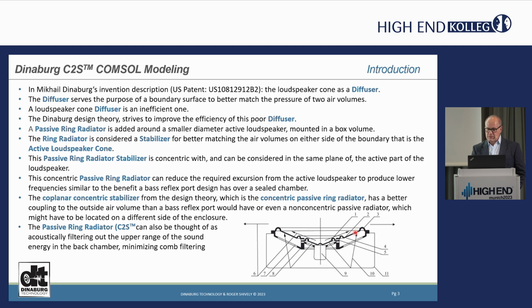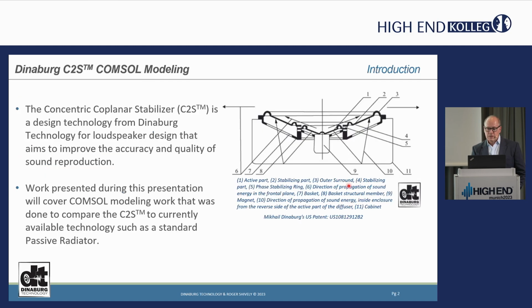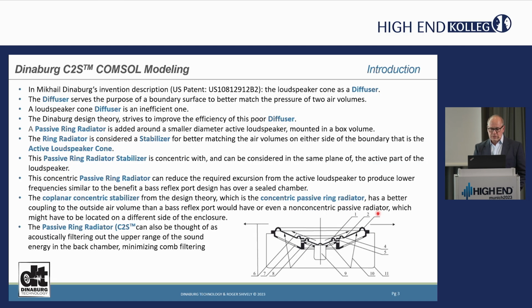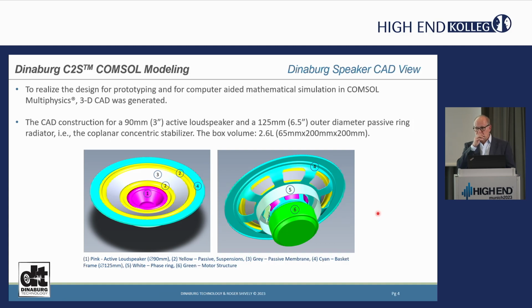I'll go back and get that one up here. So what they've called the outer ring is, I'll find it here, I'm looking for it, I don't see it. The outer ring is the stabilizing part, is what they're simply calling it. So what it is, is a passive radiator. What we've done is model this in COMSOL to understand its behavior and see if it has some of the performance parameters that they're looking for.